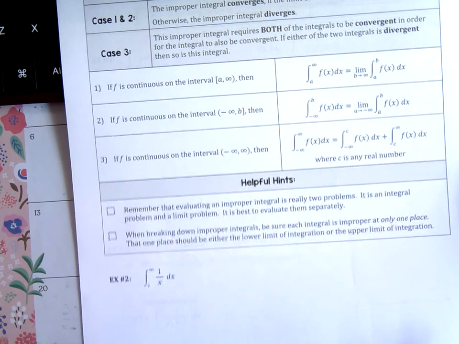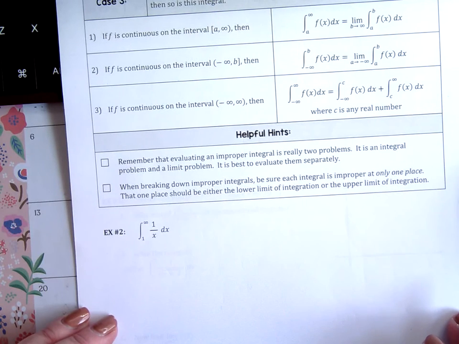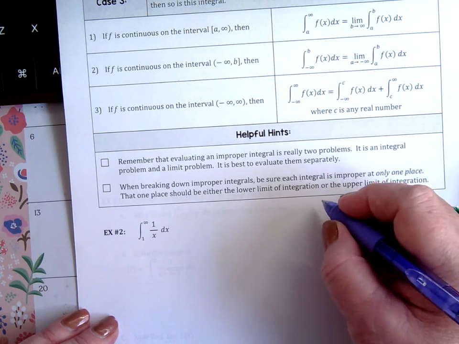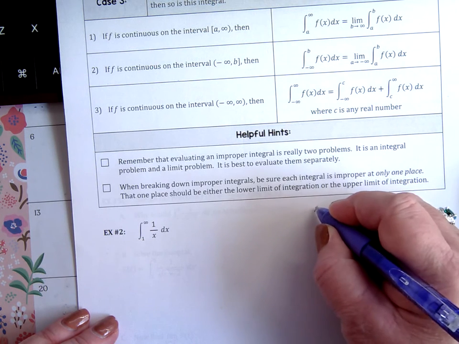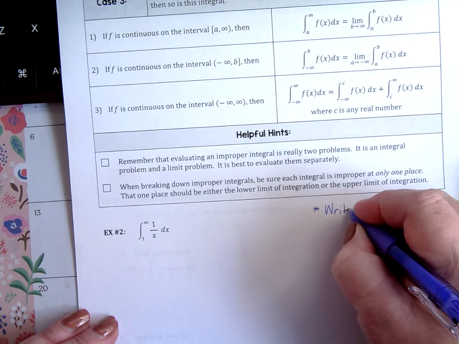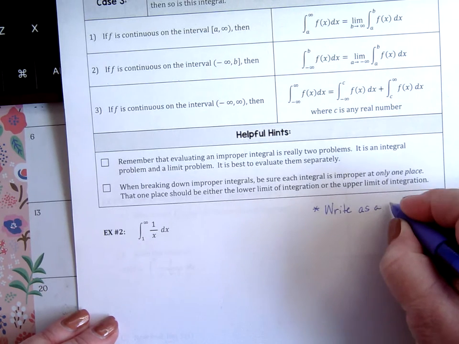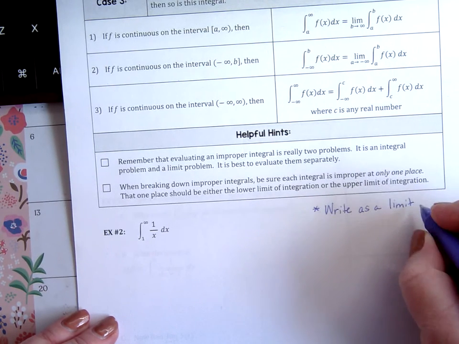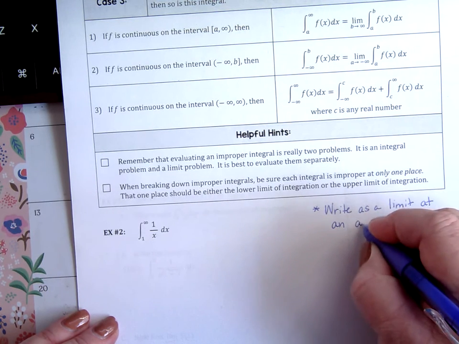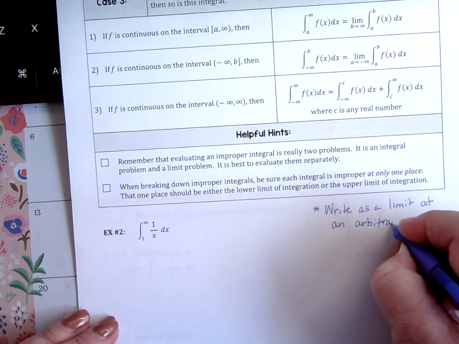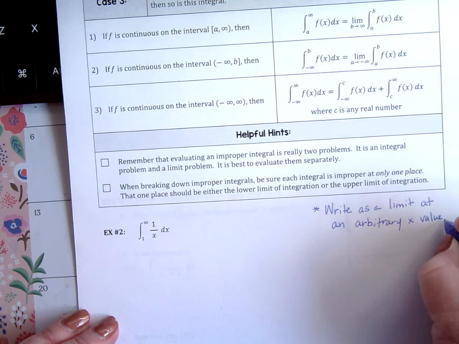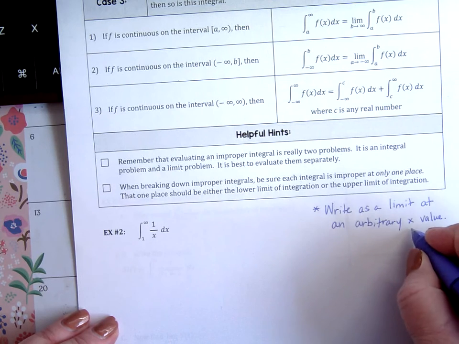So I get to this first example, the 1 over x. Now here's what I want you to, off to the side here on the right. These are the steps. You ready? Step number 1. You want to write as a limit at an arbitrary x value, in this case either a or b.